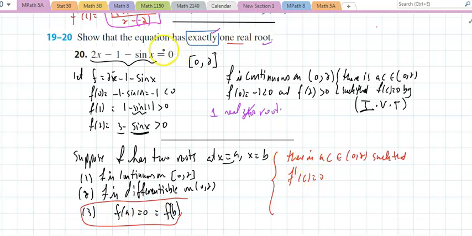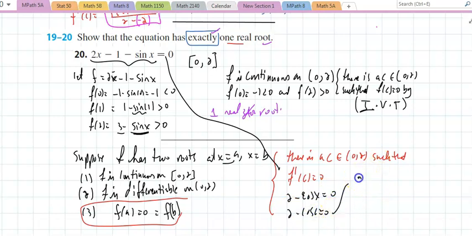F prime is 2 minus the cosine of x equals 0, or 2 minus the cosine of c equals 0, but that's not possible. And why is that? Because 2 can never equal a cosine of any value. The biggest cosine could ever be is 1 or negative 1. This is a contradiction.